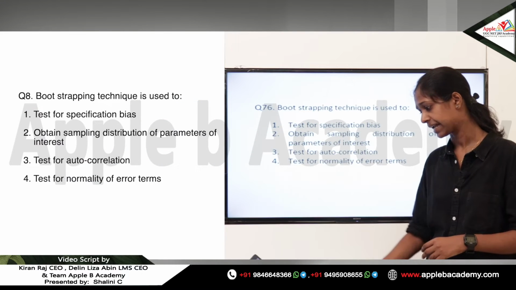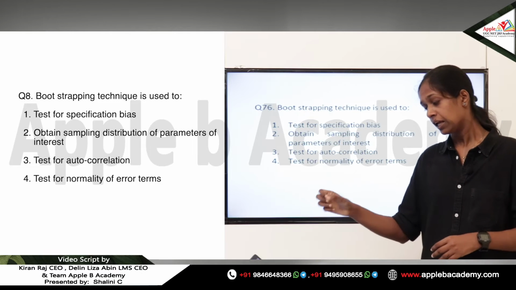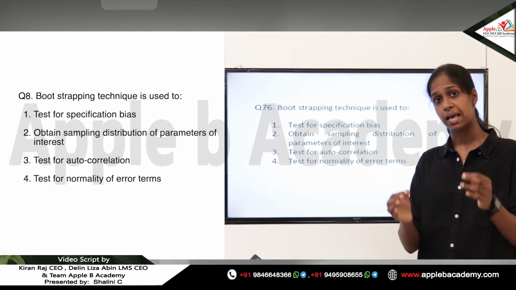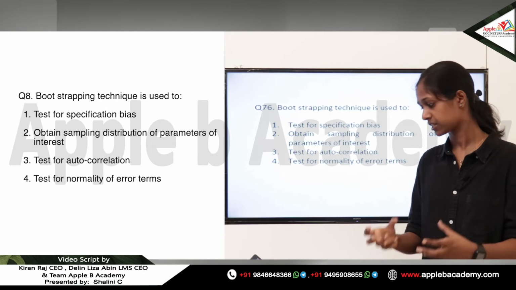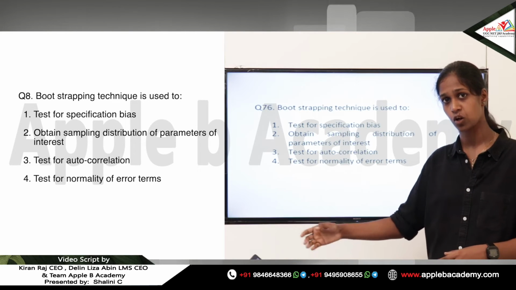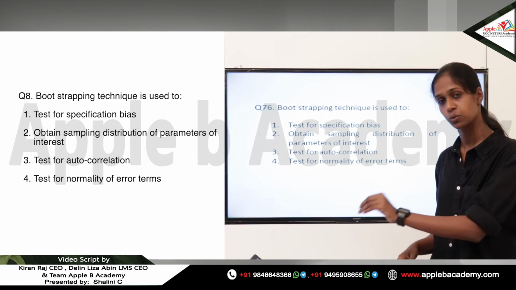So from these options, the idea behind the bootstrapping technique is to obtain the sampling distribution of the parameters of interest. It has nothing to do with specification bias, autocorrelation, or normality of error terms.